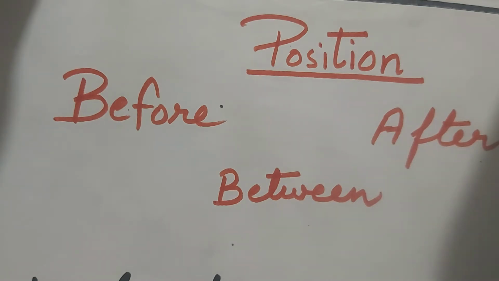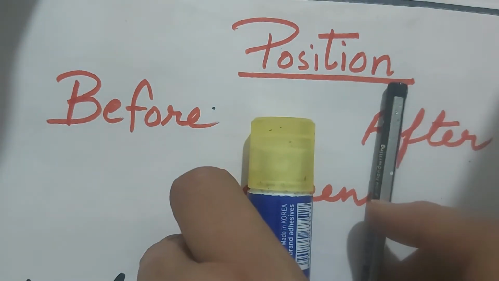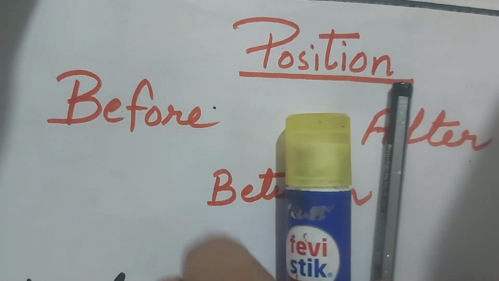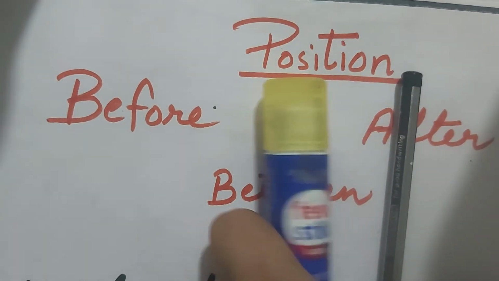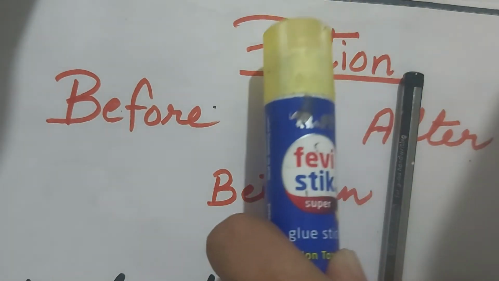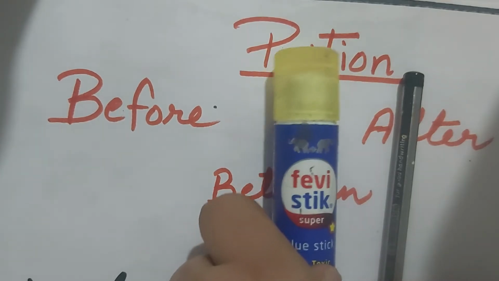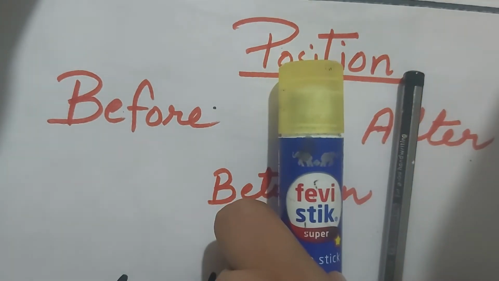Okay, now you can see two things here, Fevistick and pencil. Fevistick is before the pencil. The position of Fevistick is before the pencil.